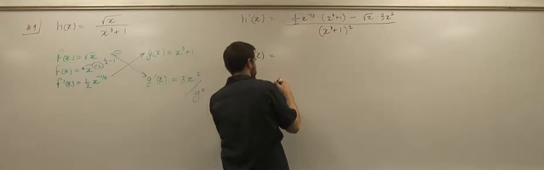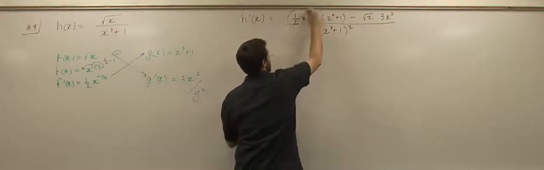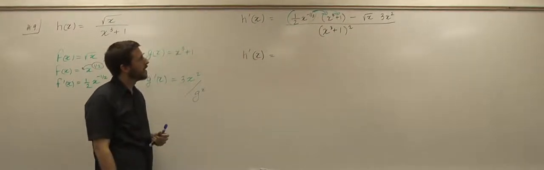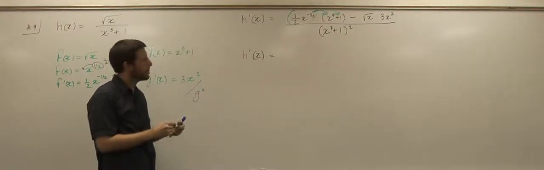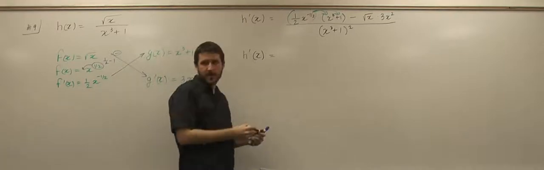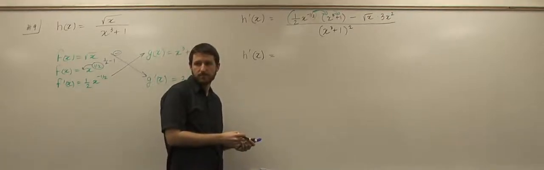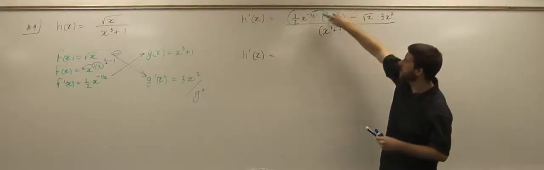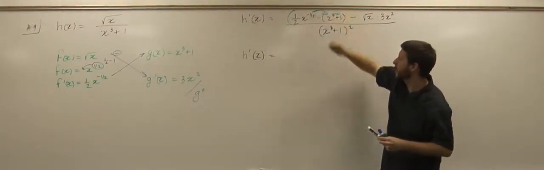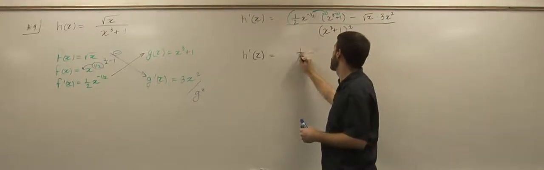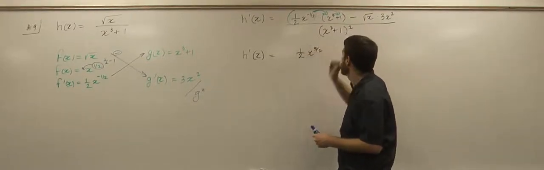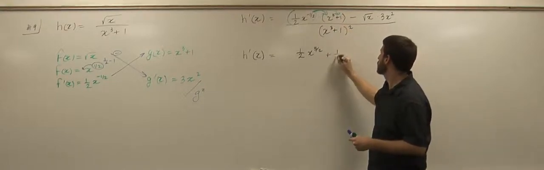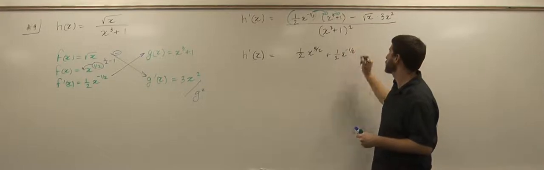If I distribute this guy out, I get x to the what? 5 over 2. 5 halves, how'd you get that? You change, you get a common denominator, you have to do 3 minus 1 half, right? So 6 over 2 minus 1 half is 5 over 2. And then the x to the negative 1 half goes here.